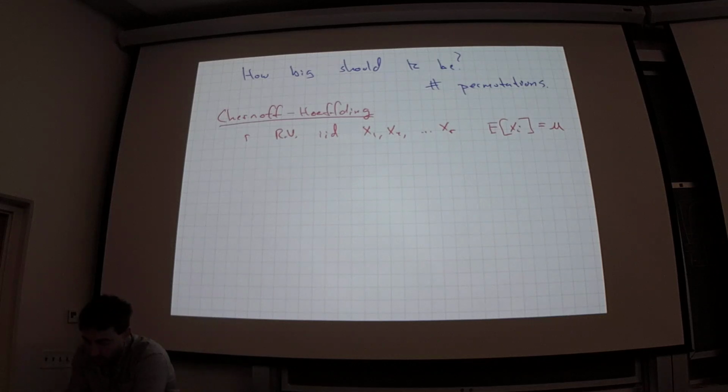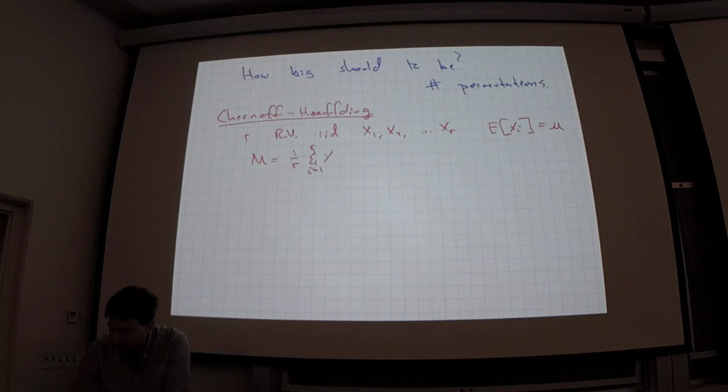Okay, and what I would like to do is to use the average. Let's set M equals 1 over R, sum of i up to R of xi.